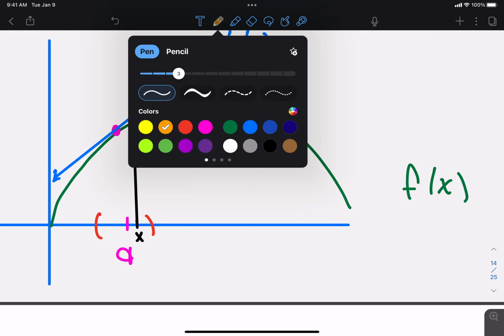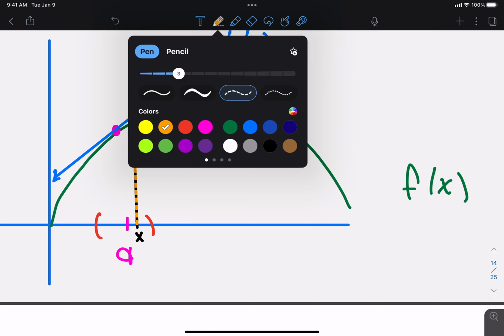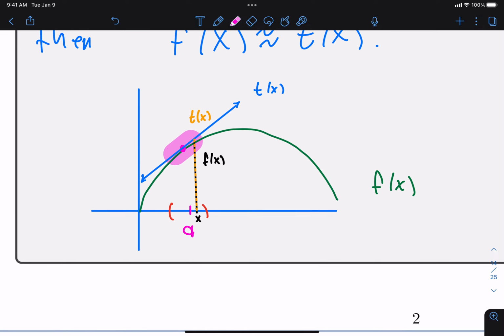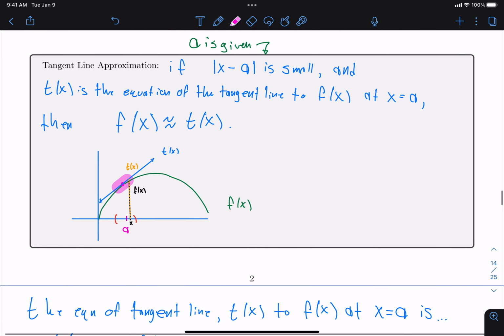And this, let me go to dashed, this height here, which goes all the way up to here, is t of x. And you can see that basically in this general region, the height of the tangent line is basically the same as the height of the function, which is to say you can use it to approximate the function.